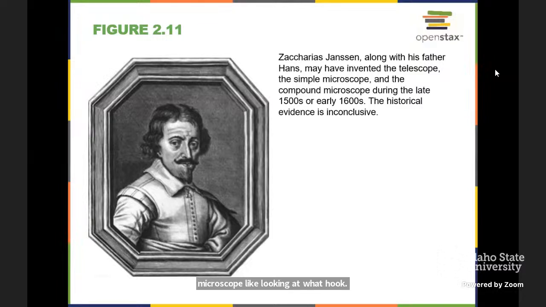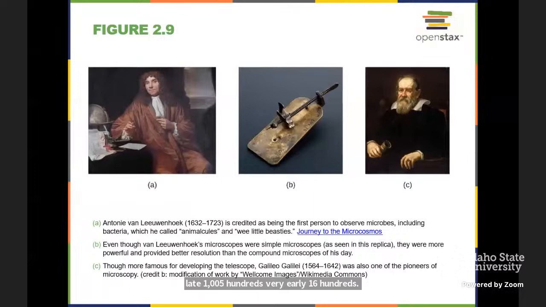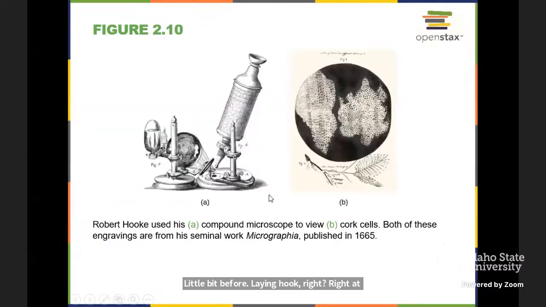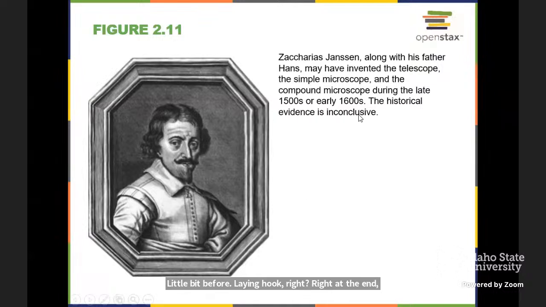And this was in the late 1500s, very early 1600s, a little bit before Leeuwenhoek, right? Right at the end, right at the start of him, all right? And this, I think, is pretty fascinating. Janssen is still a name that you can see, all right?